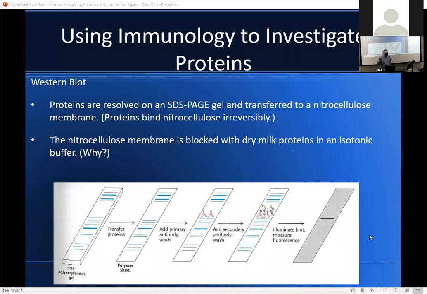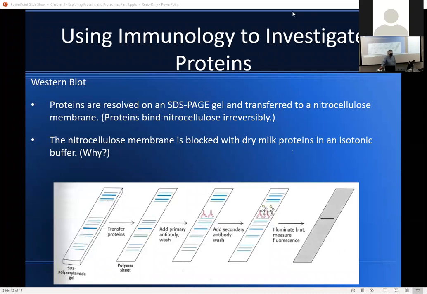Another way we can use antibodies to detect protein is something called a Western blot. So in the first stage of a Western blot, proteins are resolved on an SDS-PAGE gel and transferred to a nitrocellulose membrane.